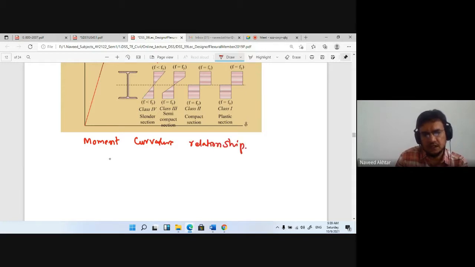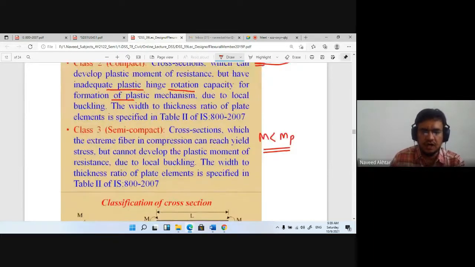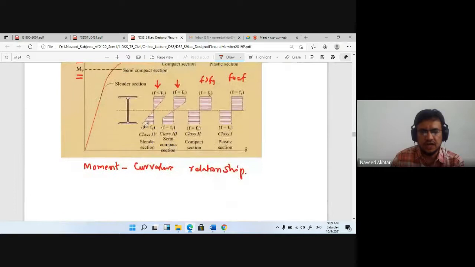Okay. So this graph shows how the stress is distributed as per the section. You can see these are the stress diagrams.